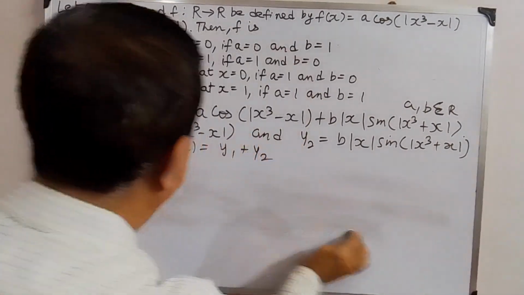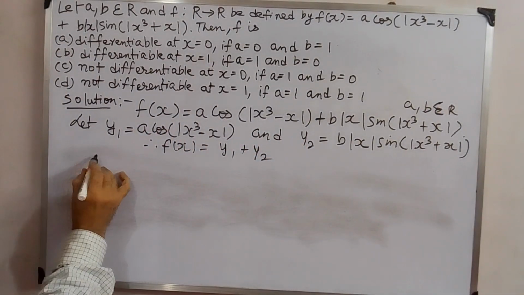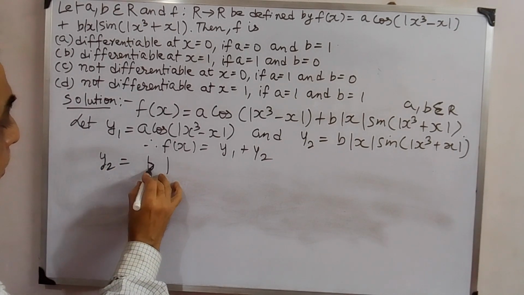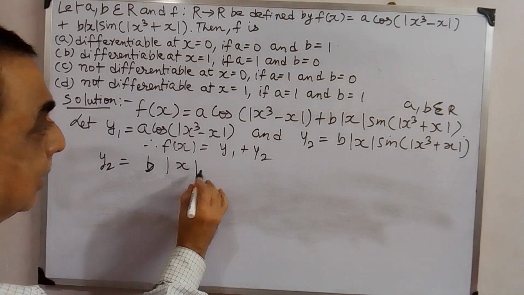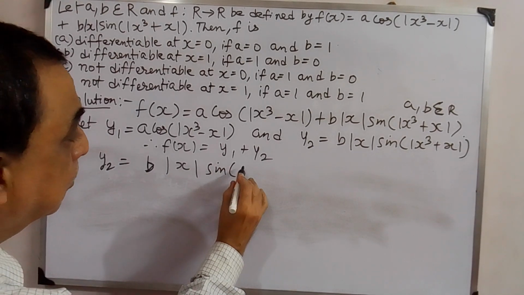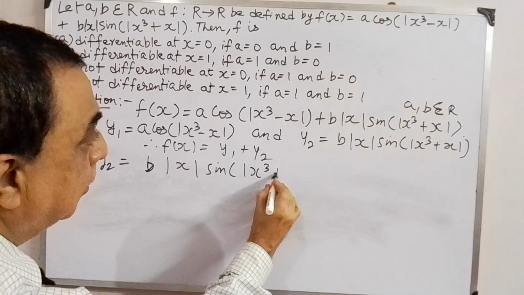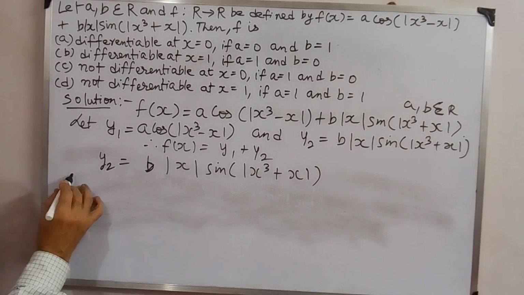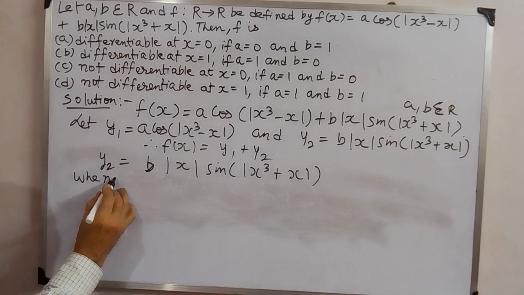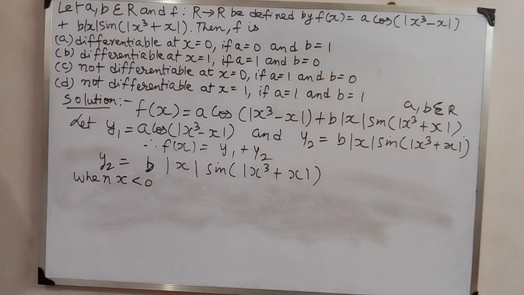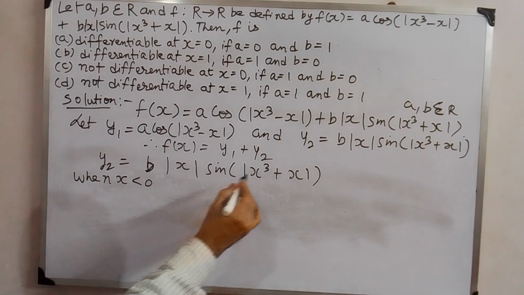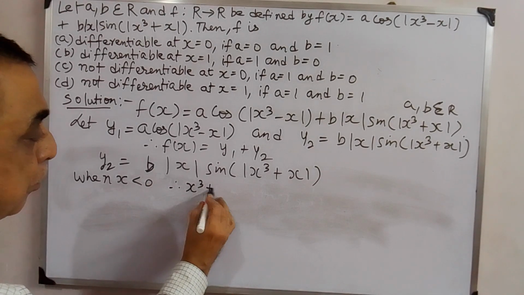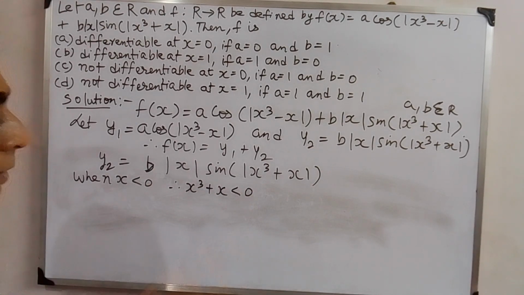So what we will have now here, y2 is equal to b modulus of x into sine of modulus of x cube plus x. Now let us consider when x is less than 0. In that case, x cube plus x will also be less than 0.